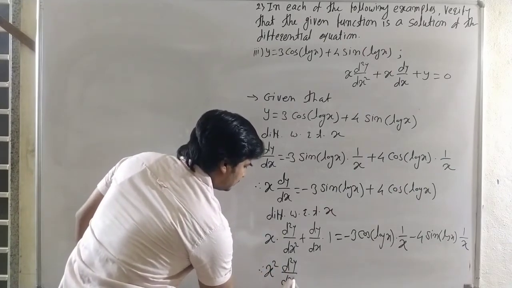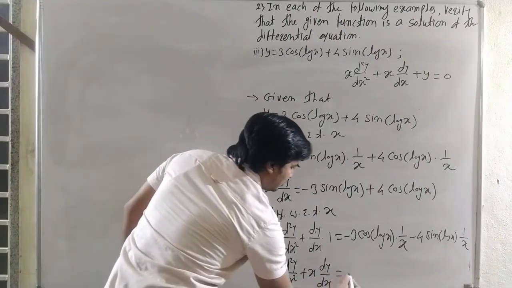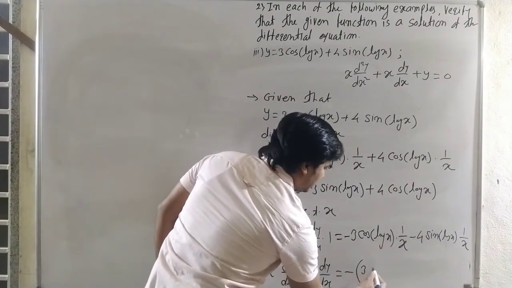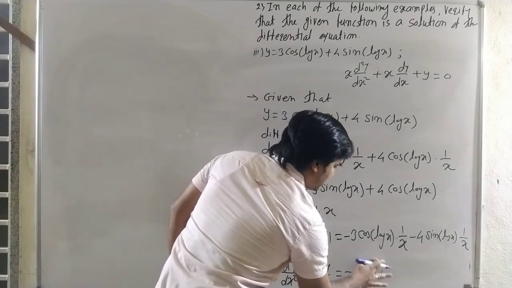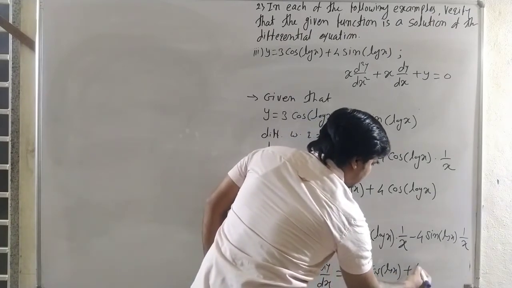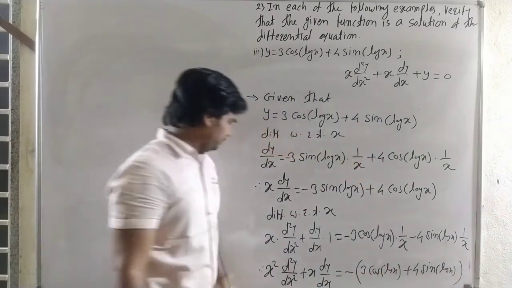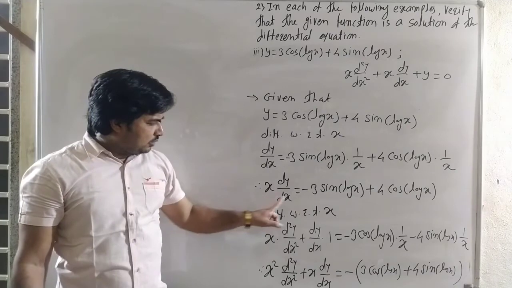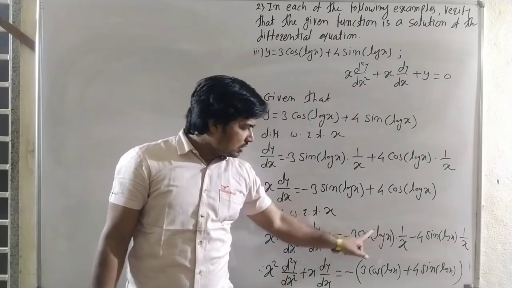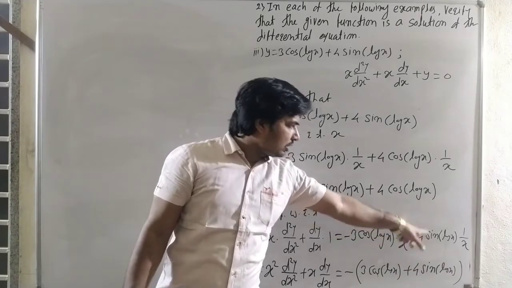Then we get x square d2y by dx2 plus x dy by dx is equal to, this x gets cancelled and we take minus common, therefore it is 3 cos of log x plus 4 sin of log x. See carefully this. Here we differentiate, we use the u into v rule. Derivative of sin of log x is cos of log x into 1 by x, and derivative of cos of log x is minus sin of log x into 1 by x.